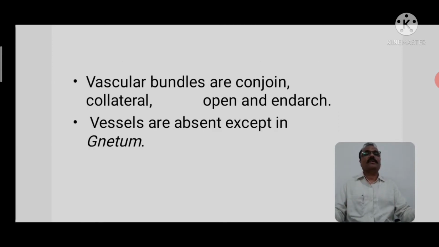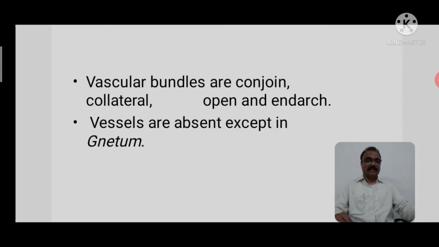In gymnosperms, vascular bundles are conjoint, collateral, open and endarch type. Vascular bundle is a part of the transport system in vascular plants. Conjoint means xylem and phloem are arranged together on the same radius.